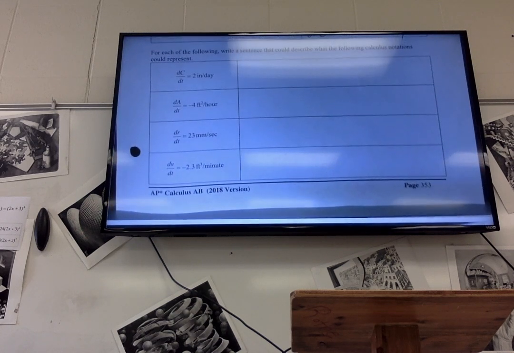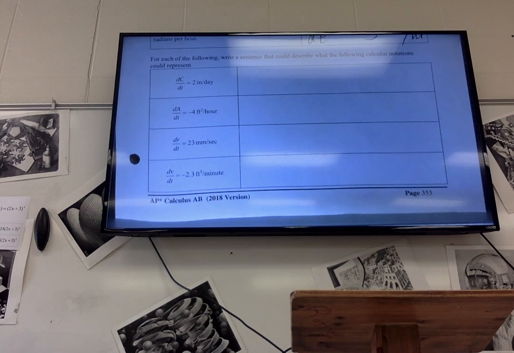So, let's see. I would think that the first one's probably circumference. So how would we write that? The circumference of a circle is increasing at a rate of 2 inches per day.